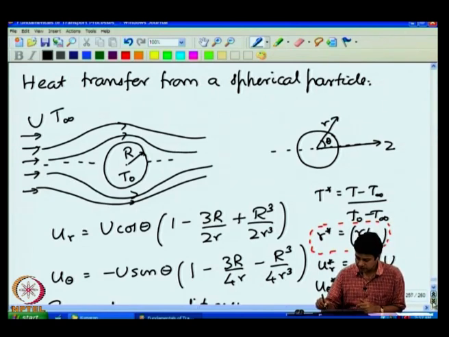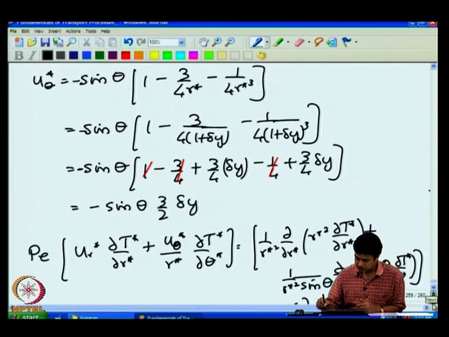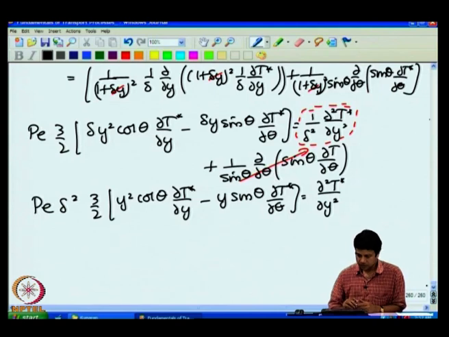And as in the case of a flat plate, what we are finding is that the diffusion in the cross stream direction, the first term there, is large compared to the diffusion in the flow direction, in the theta direction along the surface. So, diffusion perpendicular to the surface is large compared to diffusion along the surface when the boundary layer thickness is small. So, that is consistent with what we had in the flow past a flat plate.